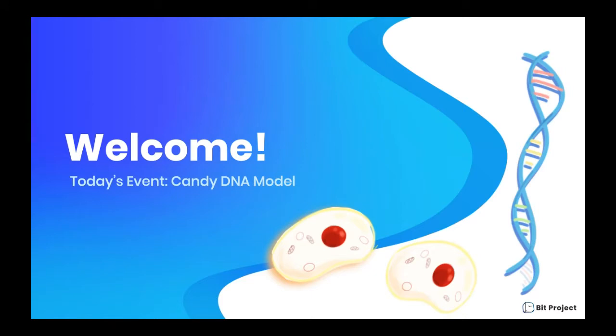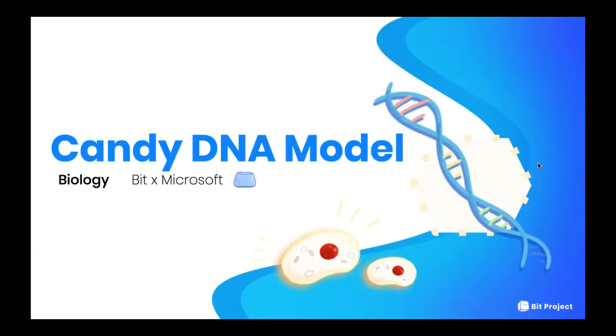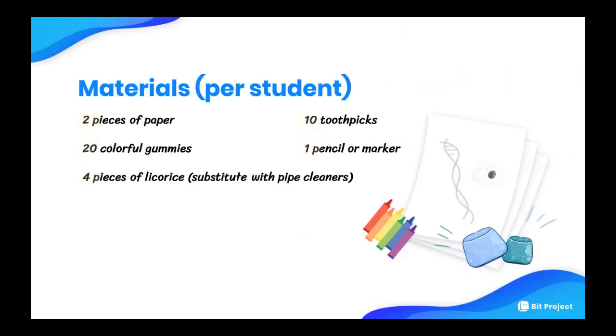So let's move on to the next slide. In the meantime, you guys can get your materials ready. The materials here are also kind of open-ended, so you don't necessarily need exactly what we have listed.